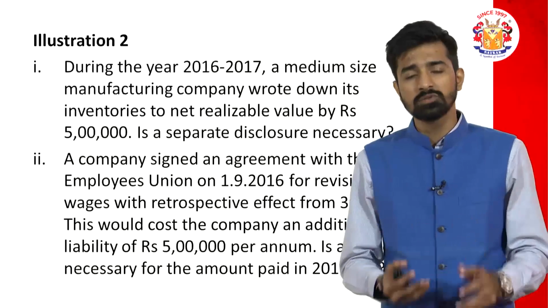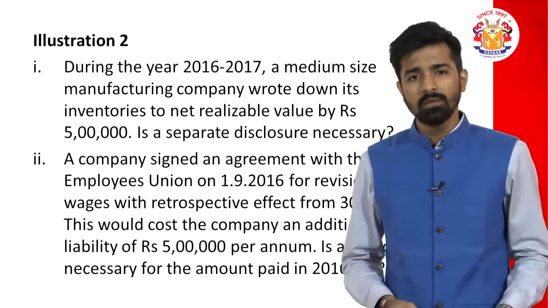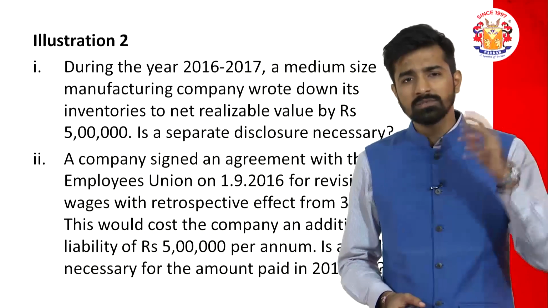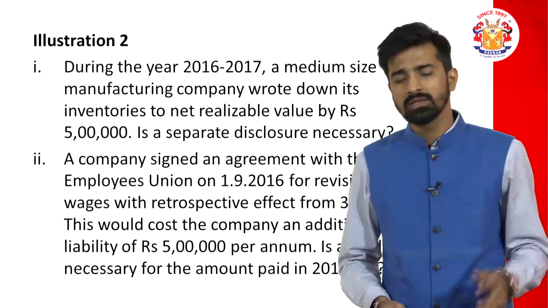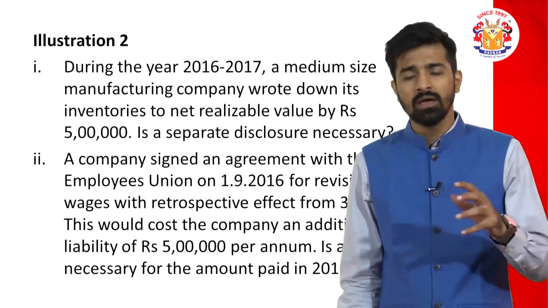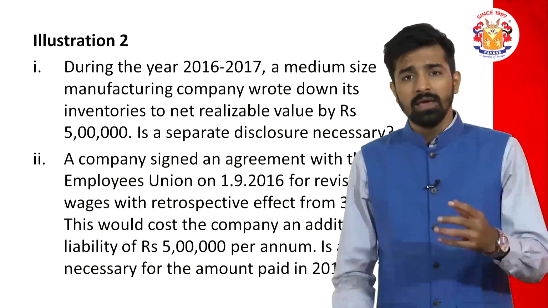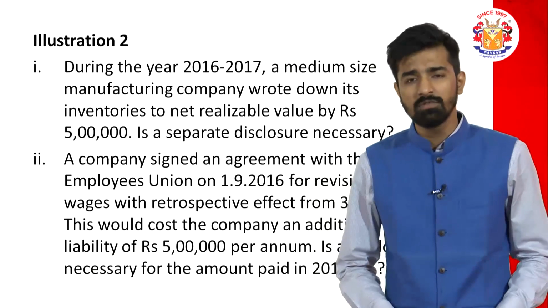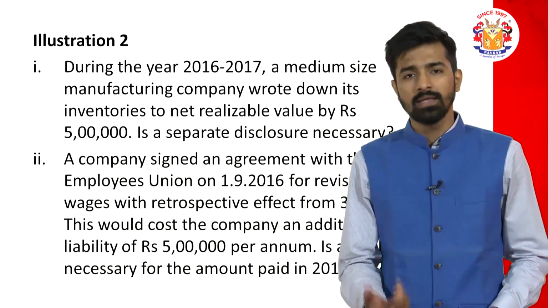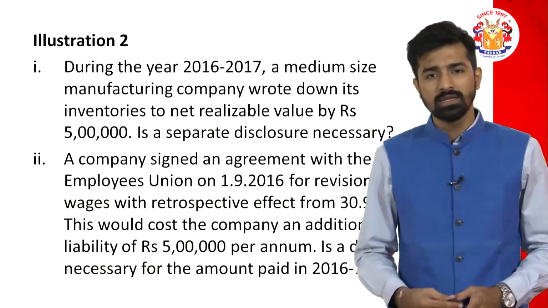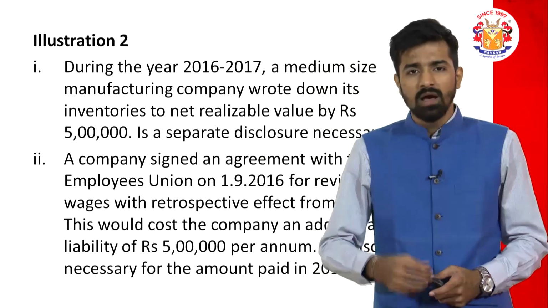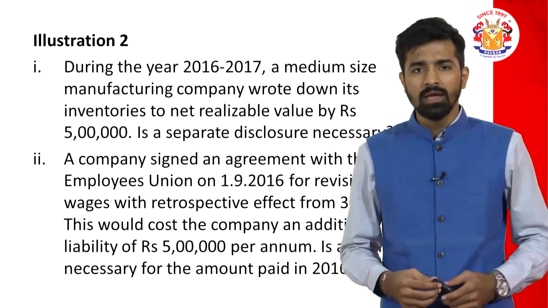When we studied about exceptional items, we talked about various incidences where it will be known as an exceptional item. In that, it was the same question: the writing down of inventory to its net realizable value is an exceptional item. So this will be termed as an exceptional item, and a separate disclosure would be made of exceptional items other than the profit or loss from ordinary activities.